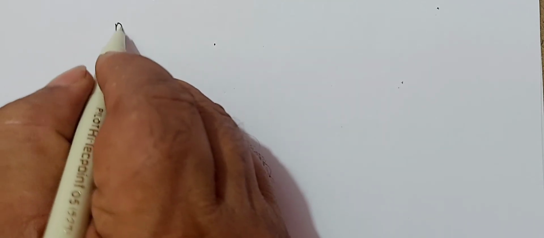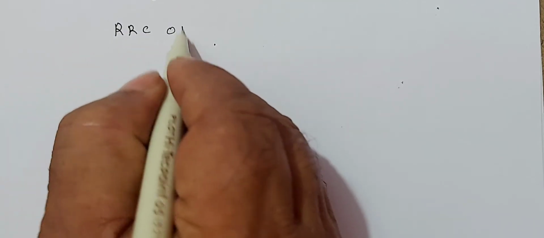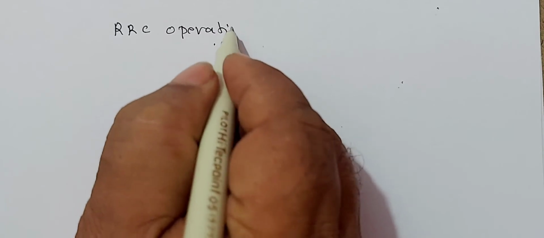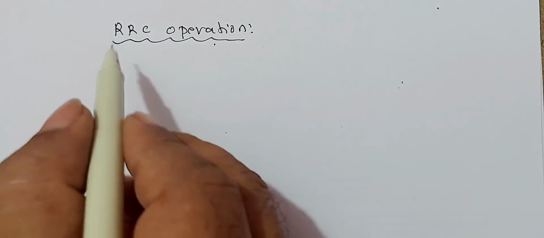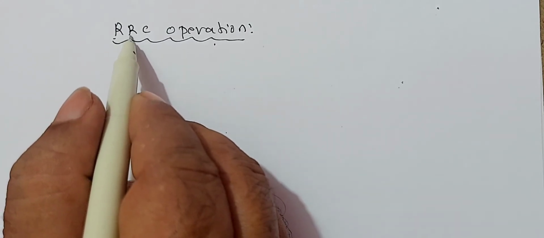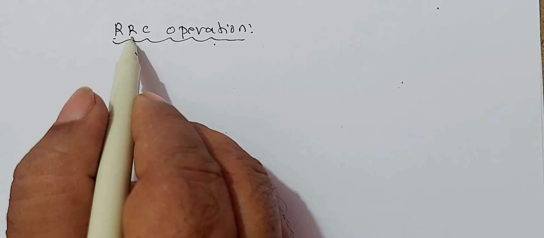Now, we will discuss the RRC operation. RRC is an operational code used to rotate the content to the right along with carry. R, rotate right.